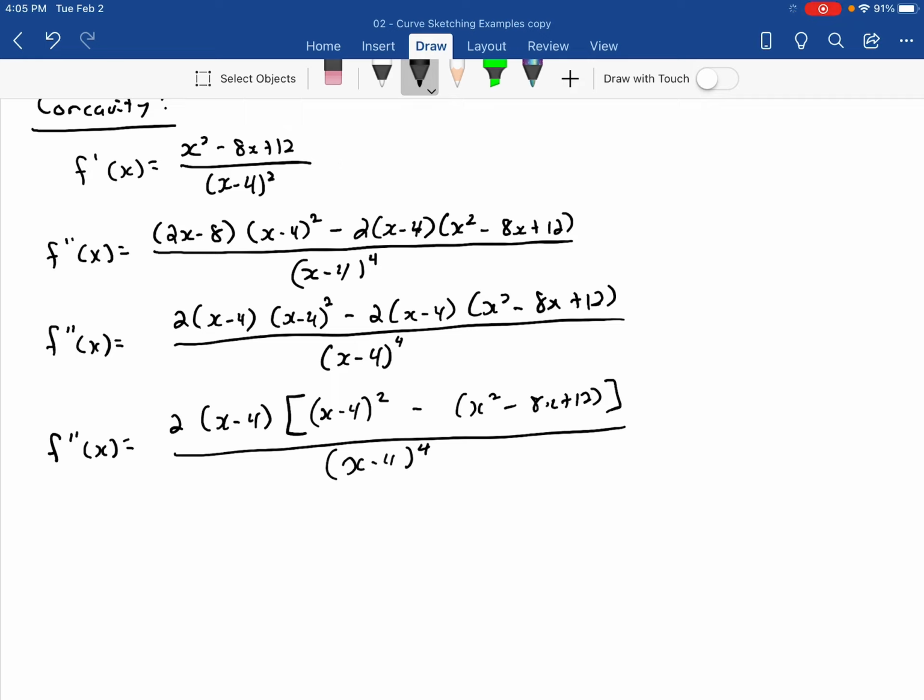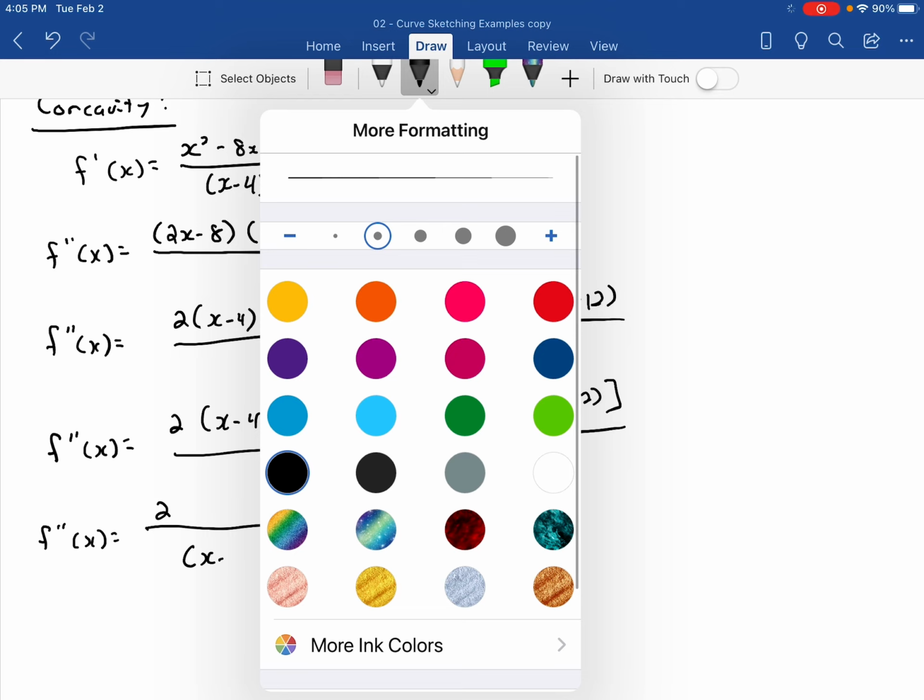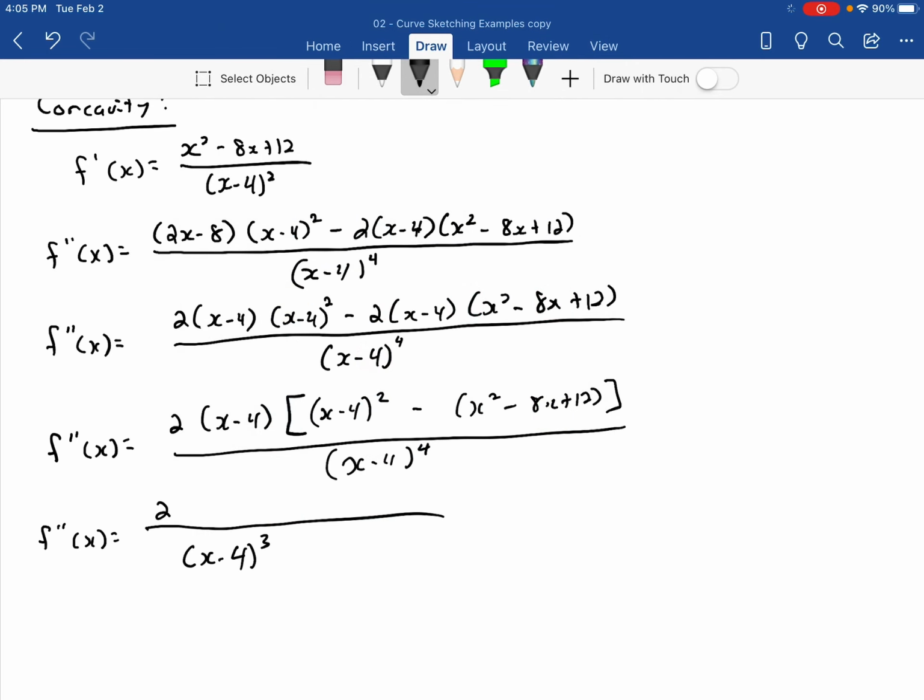And so now, like what often happens is that x minus 4 sort of cancels. That common factor goes with the denominator. So what's going to be in the denominator is an x minus 4, but now it's down to cubed.